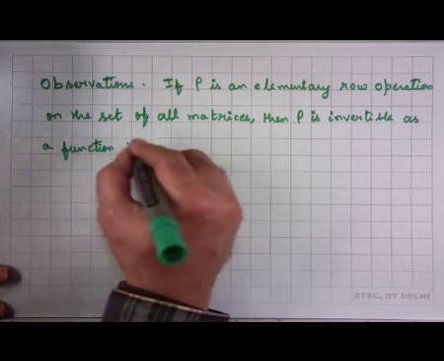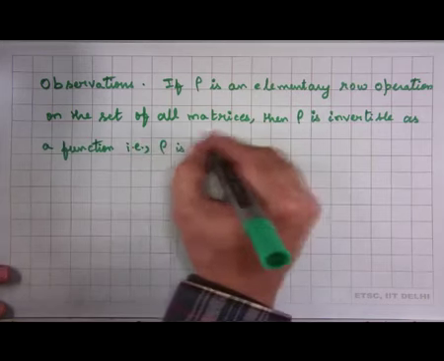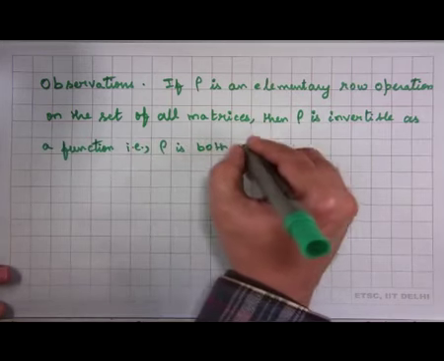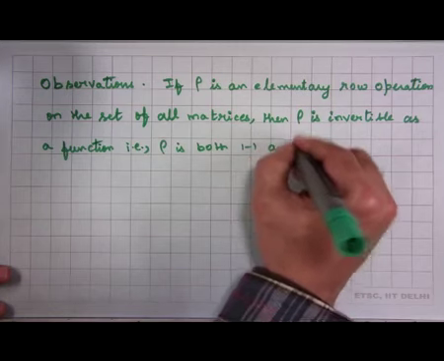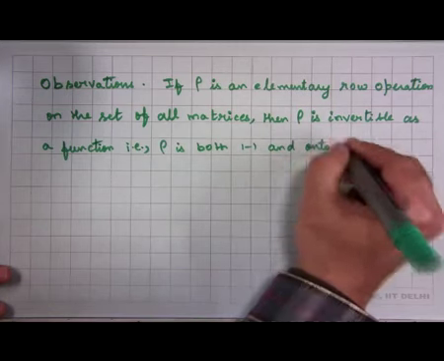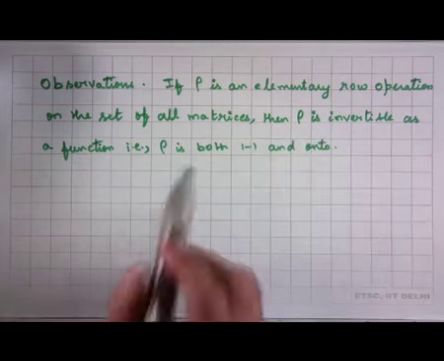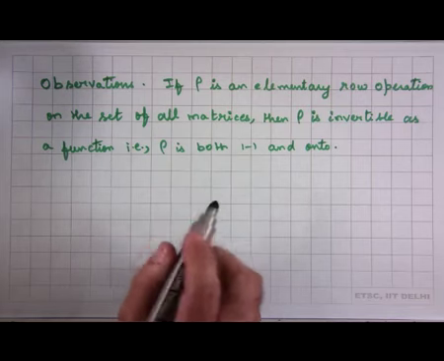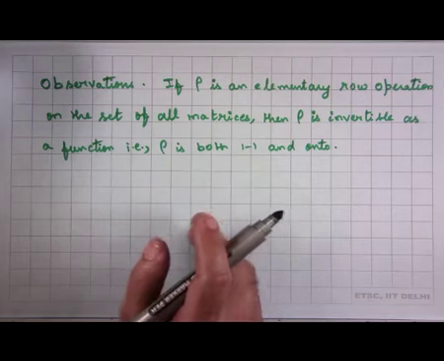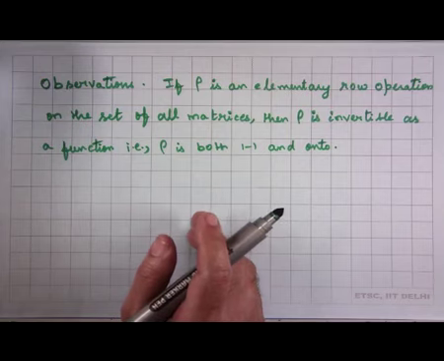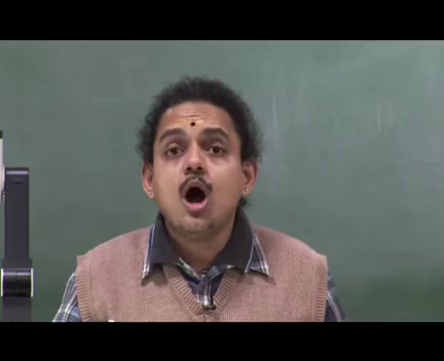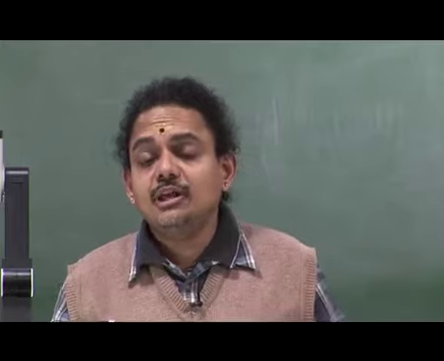That is, rho is both one-one and onto, which means that you get another function g such that rho times g is equal to g times rho, which is equal to the identity on the space of matrices.